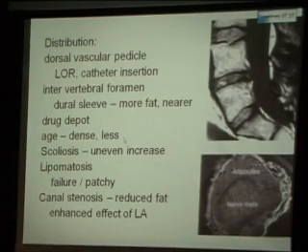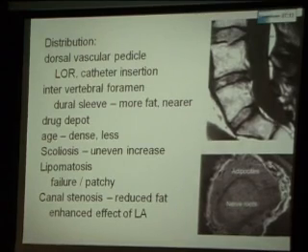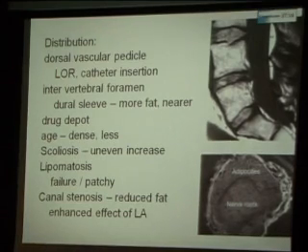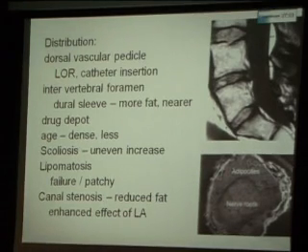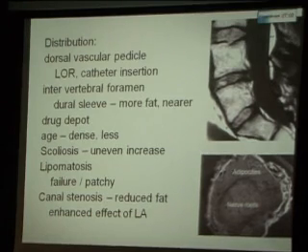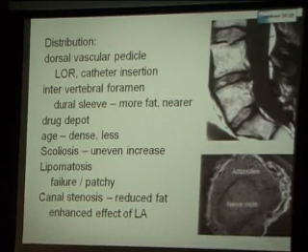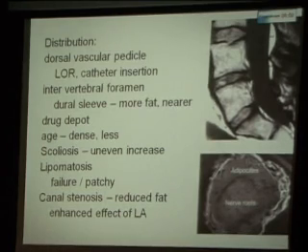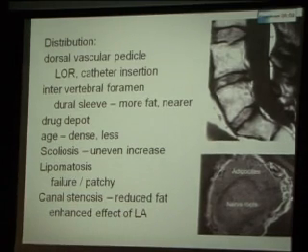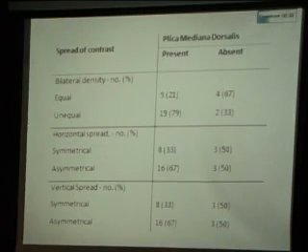So it's a ready supplier of local anesthetic or whatever it has stored. Now with age, it gets denser and lesser in quantity. In scoliosis, there is an uneven increase in this fat. In lipomatosis of the epidural space, there is an unduly increased amount of fat, which can cause failure of your block or can result in patchy block. When there is lumbar canal stenosis, there is a reduced amount of fat, and this seems to enhance the effect of local anesthetic that you inject.